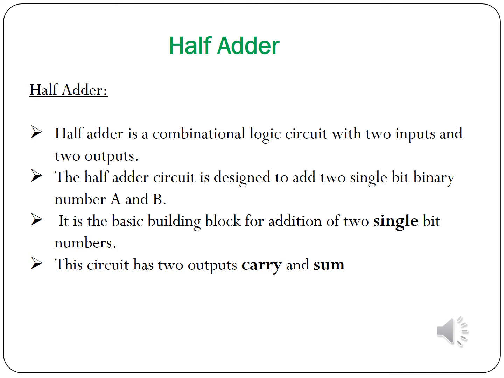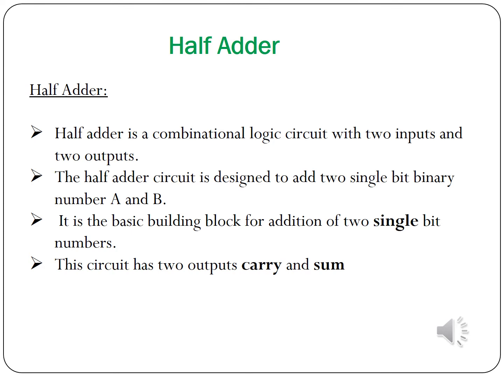The carry signal represents an overflow into the next digit of a multi-bit addition, and the value of the sum is 2C plus S. 2C plus S means there is a carry along with a sum.